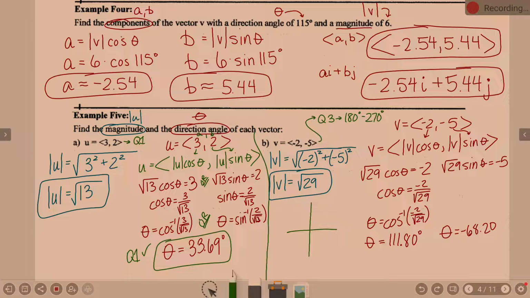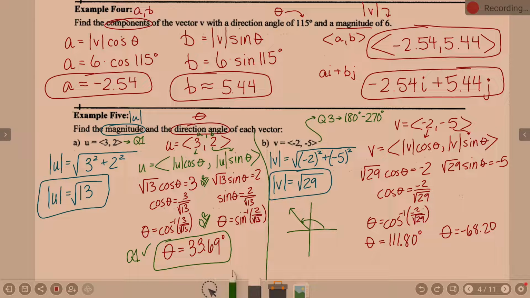So if we look at cosine, 111.8 degrees. Well, where should it be? About in there? Past 90, before 180. I probably went a little bit too far, but that's where the angle ends up. That's where 111.8 is, yes?